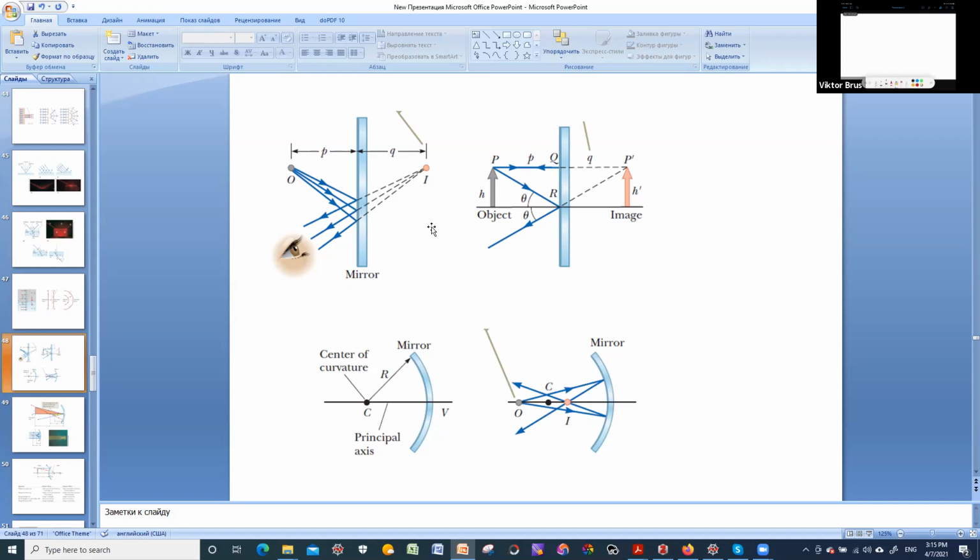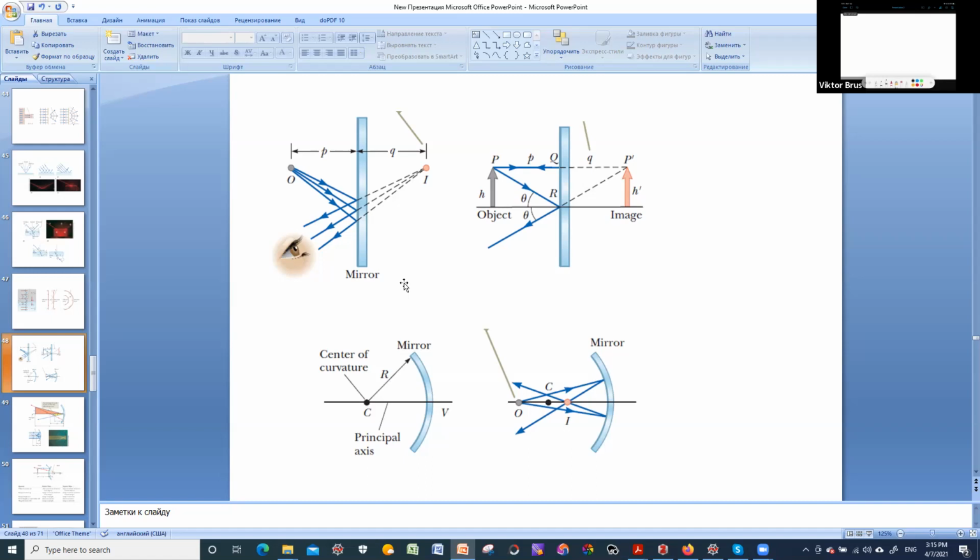So all images are classified as real and virtual. In particular, for this example, we have a virtual image. So let us explain what it means.